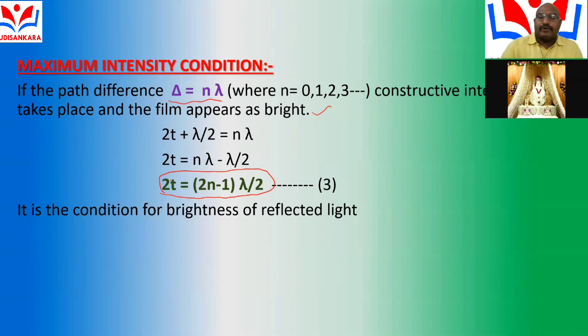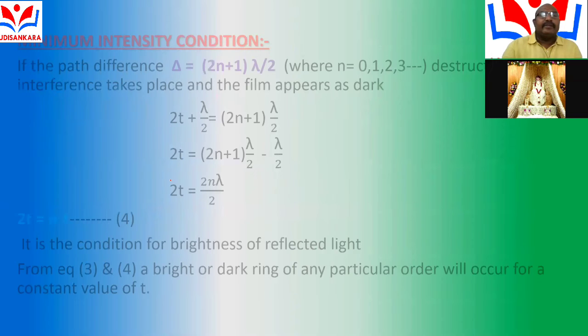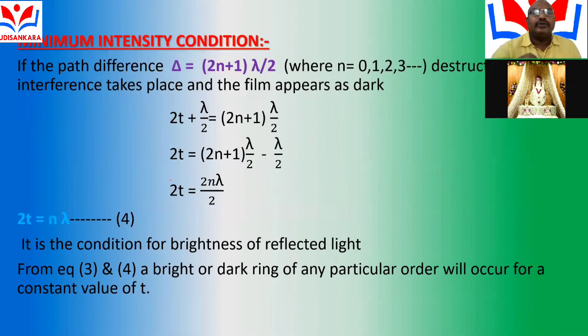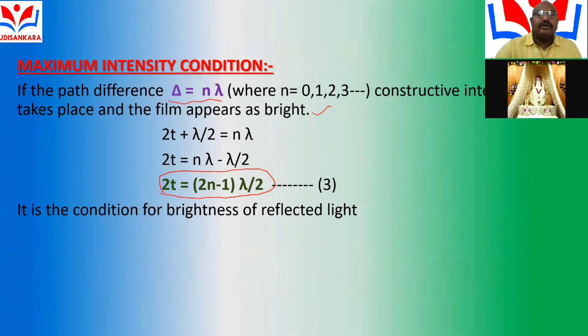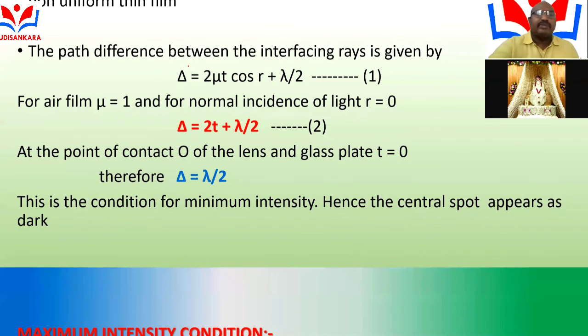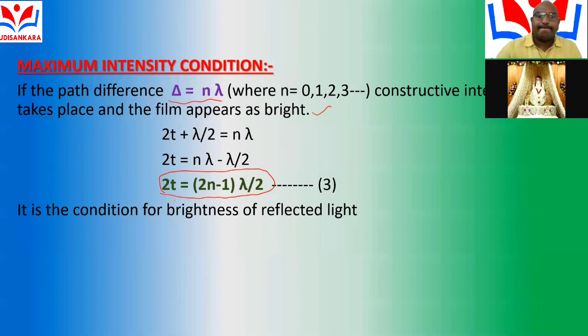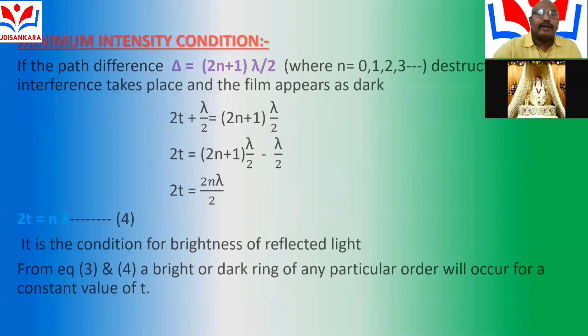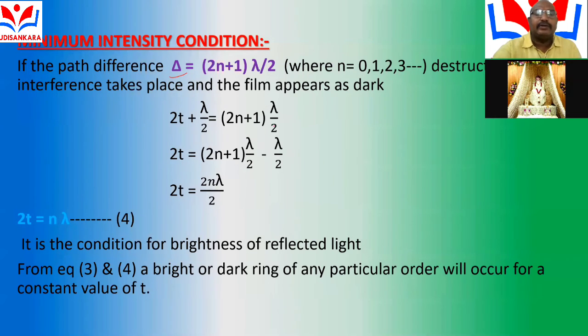The formula is very important. Another one is the minima condition, (2n plus 1) lambda by 2. The delta value is 2t plus lambda by 2, so 2t plus lambda by 2 is equal to (2n plus 1) lambda by 2. Moving lambda by 2 to this side, 2t is equal to (2n plus 1) lambda by 2 minus lambda by 2.